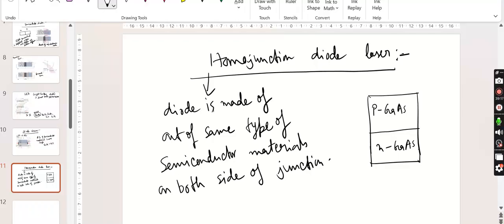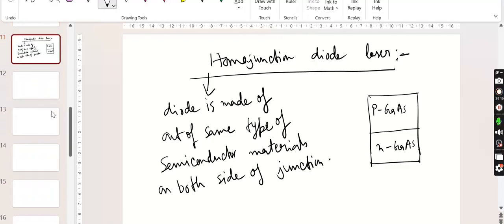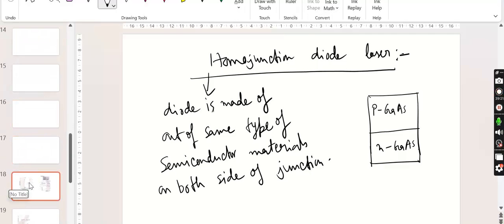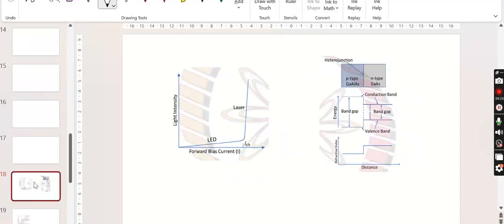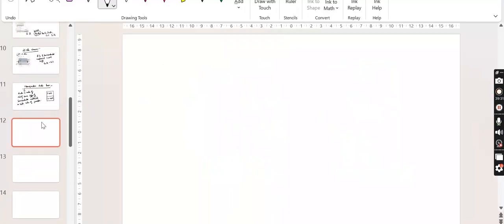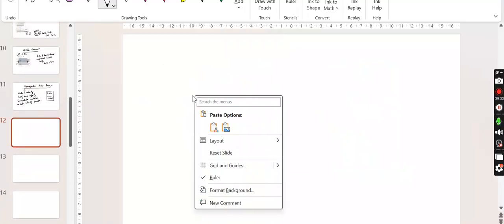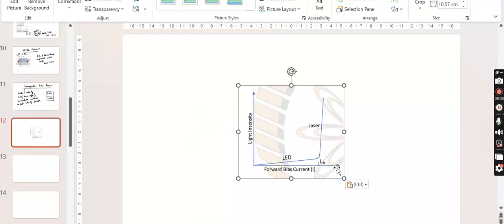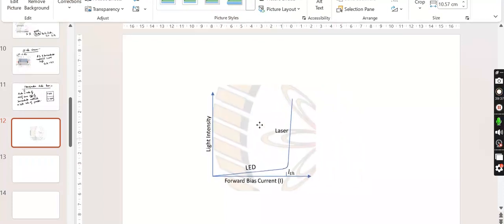So the intensity of the light gradually increases, that we know when we have forward bias. In reverse bias, things will not work basically. We will get very little.